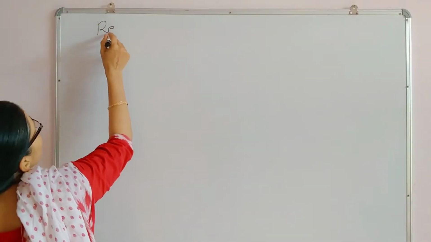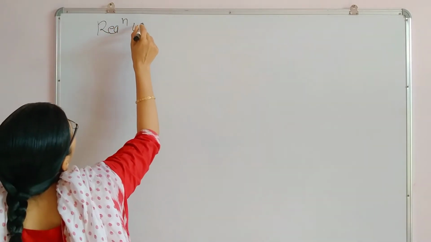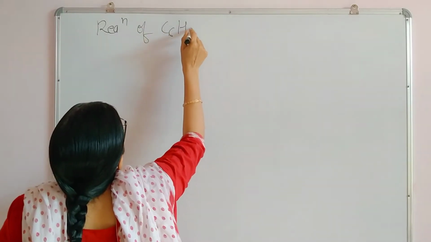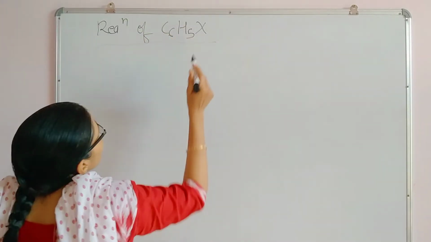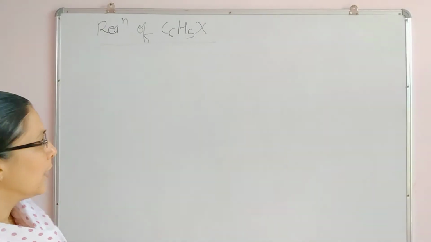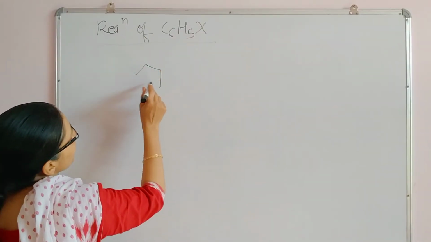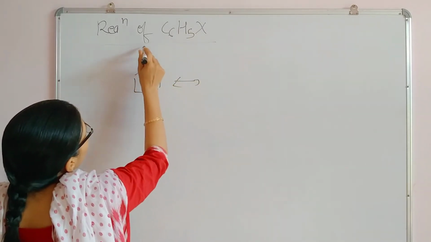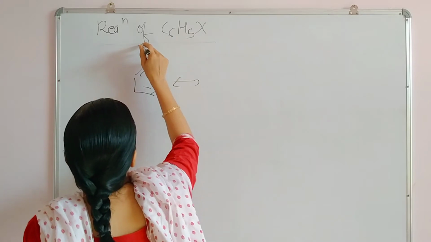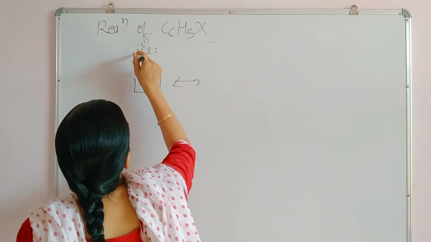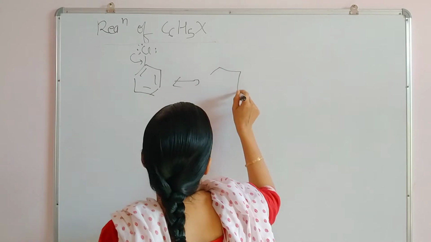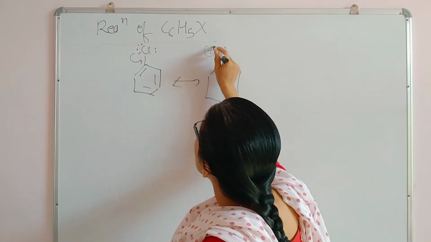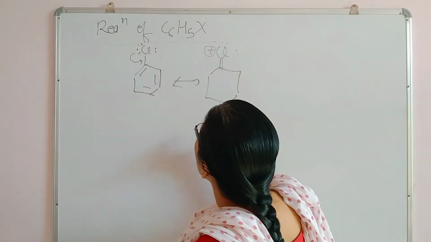Now our next heading, reaction of C6H5 haloarenes. How will the reaction occur? The very first important point, resonating structure of chlorobenzene. Its lone pair will participate. There will be a double bond with positive charge. The rest of the lone pairs will remain as they are.